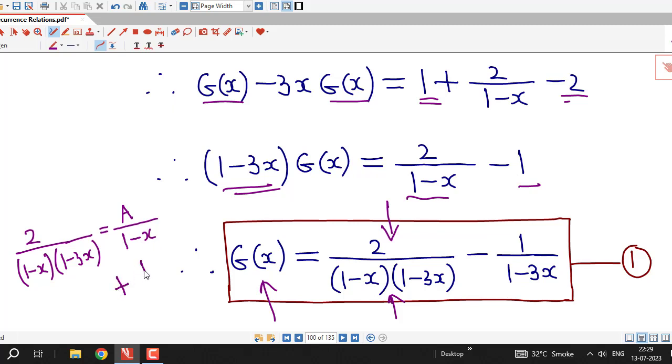So in the next step we have to rewrite this function as a sum of partial fractions, and we assume that this is equal to some constant A divided by 1 minus x plus some constant B divided by 1 minus 3x, and we have to decide what A and B are, and keep this as it is for the time being.